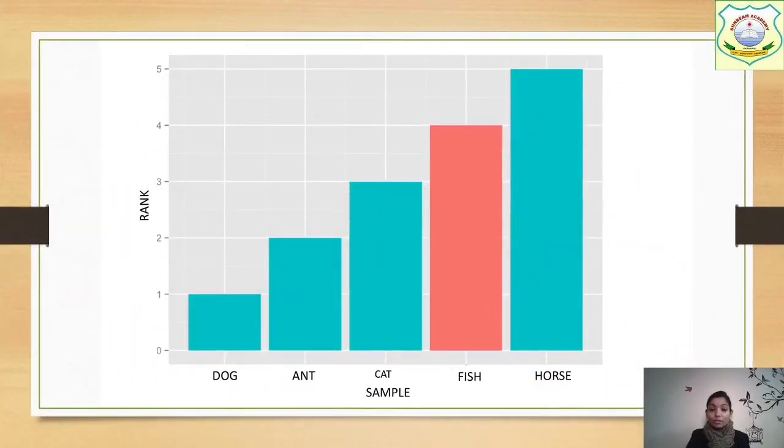Now here you can see there is a bar graph. ठीक है, ये आपको एक बार ग्राफ दिख रहा है. Now what it is showing, अब ये बार ग्राफ क्या रिप्रेजेंट कर रहा है, क्या शो कर रहा है? Here you can see rank is given. Here is the rank. Now here is the sample. Sample what? Dog and cat, fish, horse.